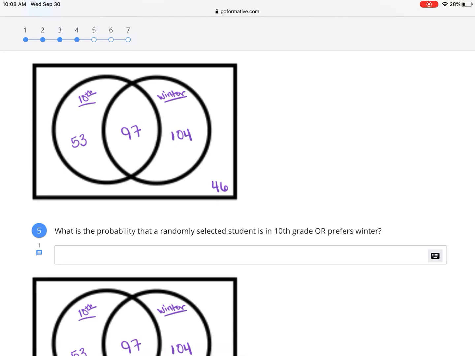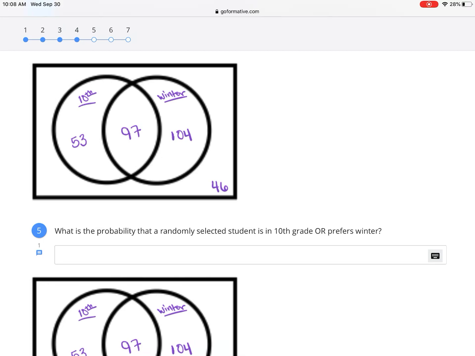The correct way that you want to do these OR problems, and this is a little bit confusing, we'll talk about it a little bit more in class before you take this, okay? Basically, if you want to know 10th grade or winter, you add the three numbers that are in the circles, 53, 97, and 104.